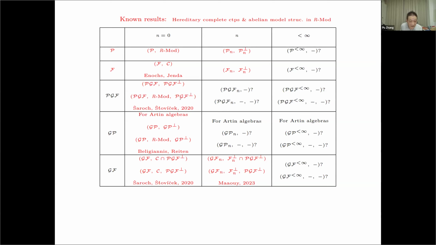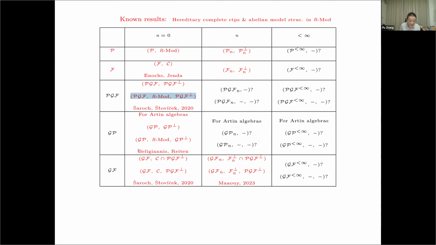So you see this intersect this, this intersect this is just the projective modules. So it is this cotorsion pair. And this intersect this, of course, is still this. This is all the modules. So it's still this. So you see this is a Hovey triple, so it gives an Abelian model structure.